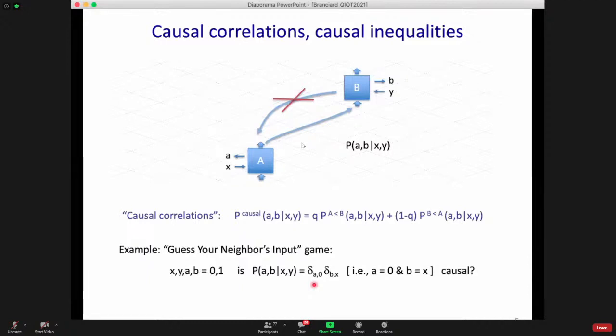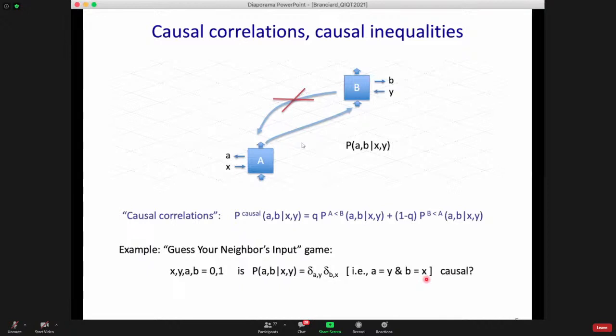So let's change this example a little bit. Now I'm asking that still Bob guesses Alice's input, but I'm asking that Alice also guesses Bob's input. So Alice's output, A, should be equal to Bob's input, Y, and still Bob's output, B, should be equal to Alice's input, X. I'm asking you again, is this causal?